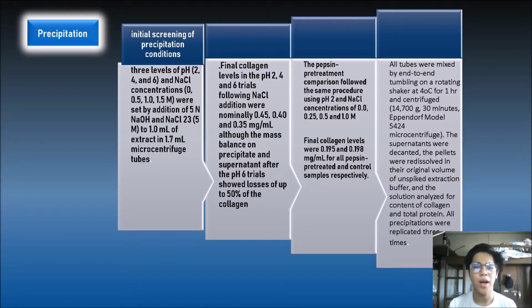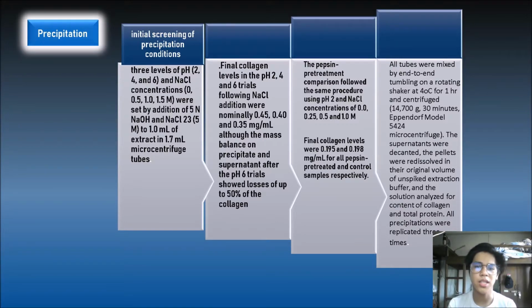Although the mass balance of precipitate and supernatant after the pH 6 trials showed losses of 50% of the collagen, the pepsin pretreatment comparison followed the same procedure using pH 2 and NaCl concentrations of 0, 0.25, 0.5, and 1 molar.